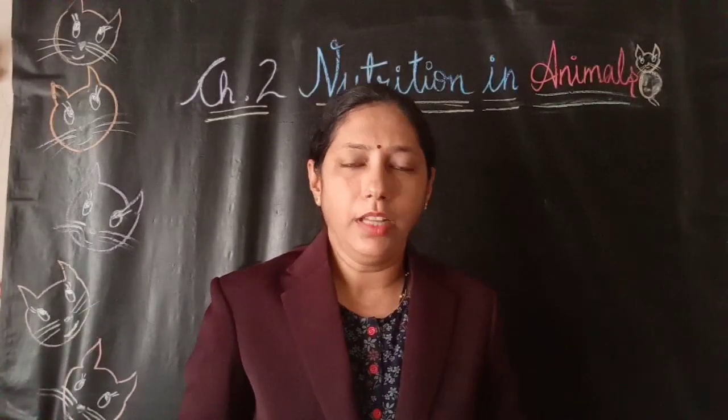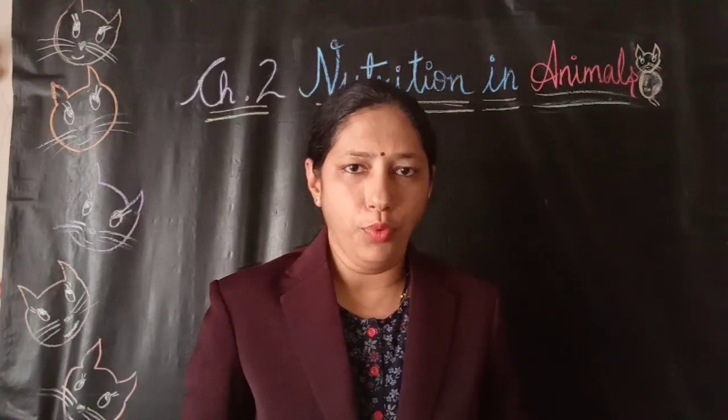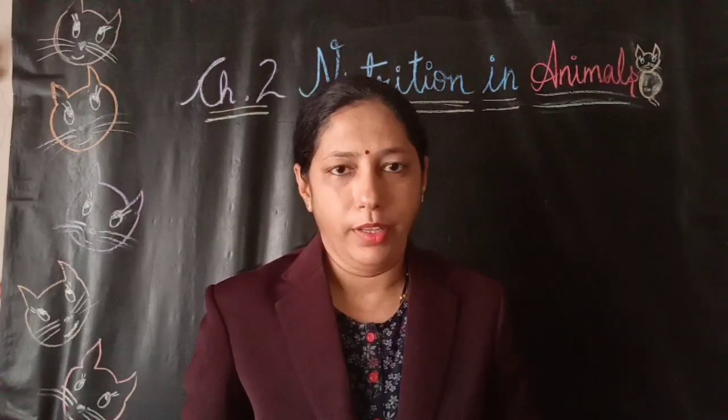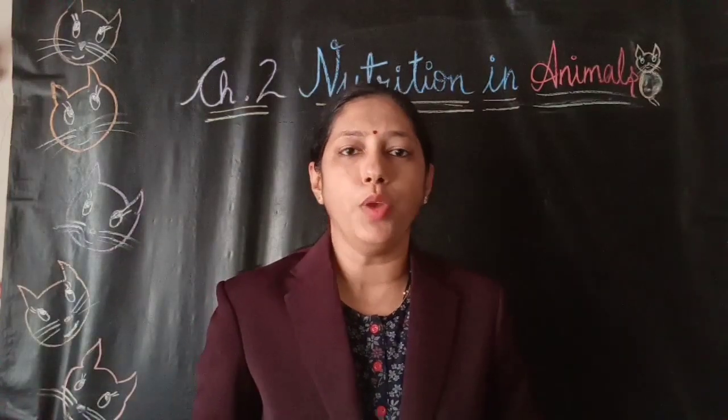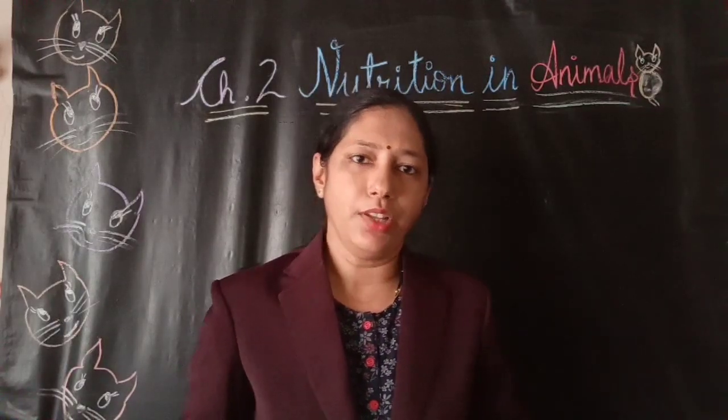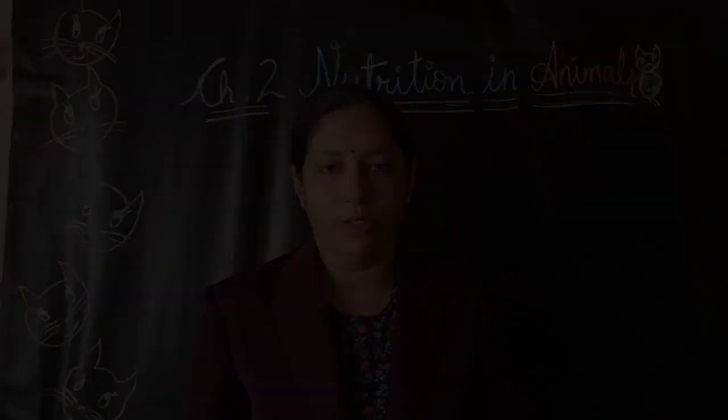Yesterday we learned animal nutrition involves nutrient requirement, mode of intake of food and utilization of food by the body. Then we learned nutrition involves 5 processes, like ingestion, digestion, absorption, assimilation and egestion.